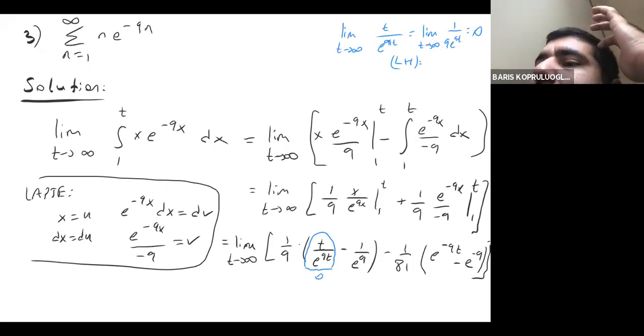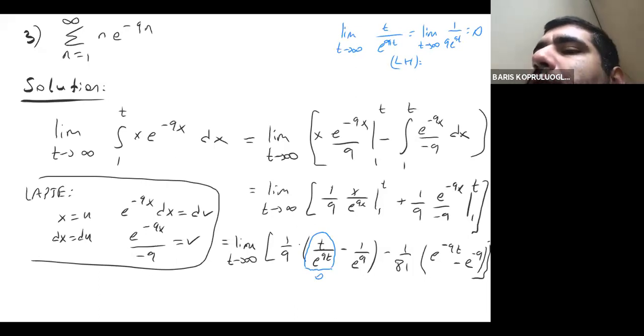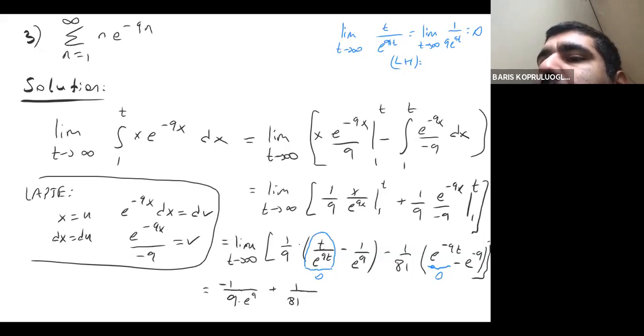What about e to the power of negative 9t as t goes to infinity? I think it will be 1 over infinity as well. So this is also 0. So what you have is negative 1 over 9 times e to the power of 9, plus 1 over 81 times e to the power of negative 9.